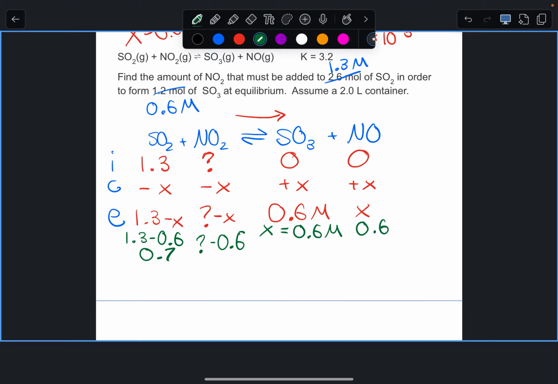Now I only have one variable, and I can go ahead and plug this into the K expression and figure out what is that amount of NO2 that I have to mix with 1.3 molar SO2 to get me that 0.6 molar SO3.